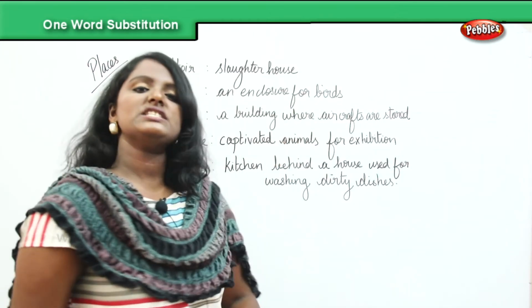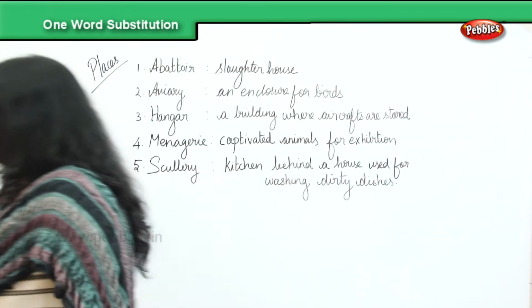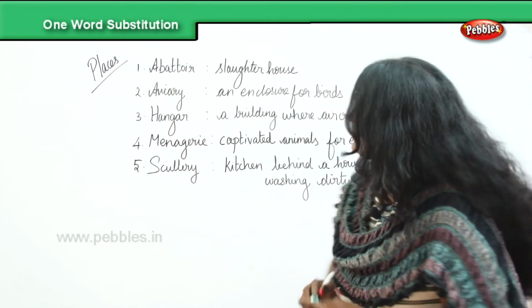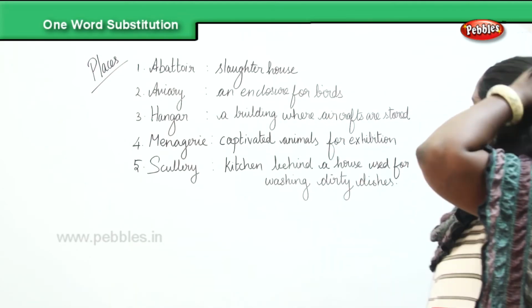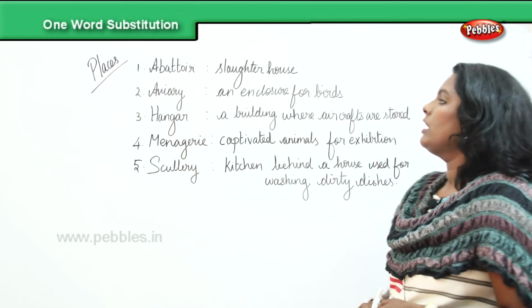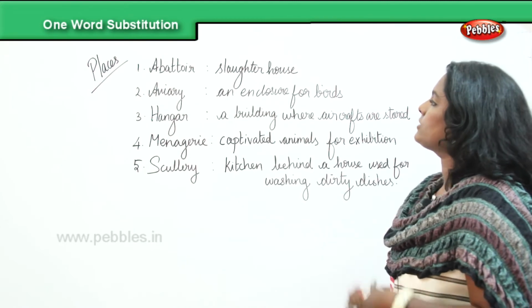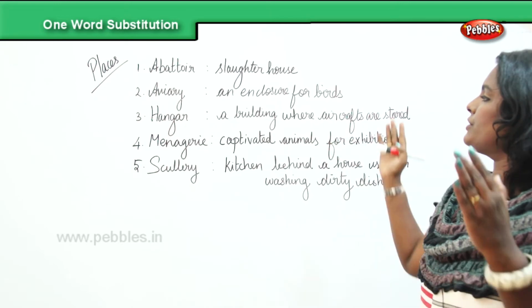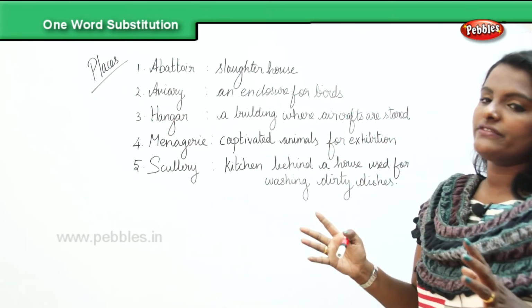So let's go through these 5 words related to places. The first word, abattoir, is a slaughterhouse. Aviary is an enclosure for birds. A hangar is a place or a building where the aircrafts are stored.